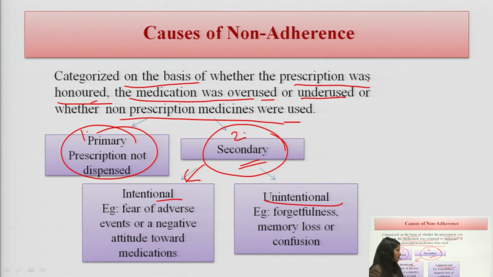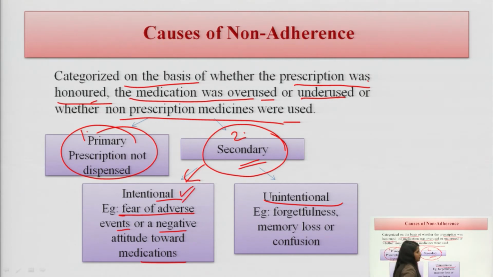Why does it happen? Sometimes there is fear of adverse drug reaction. In the patient's mind, there is a fear of adverse events or a negative attitude towards the prescription, towards the medication.